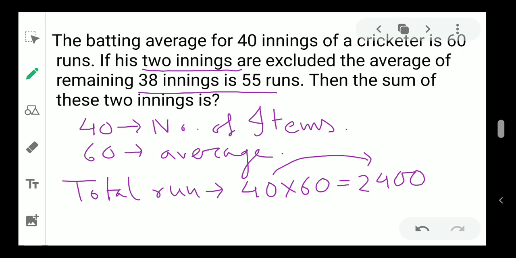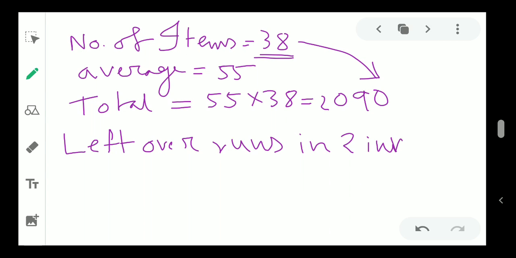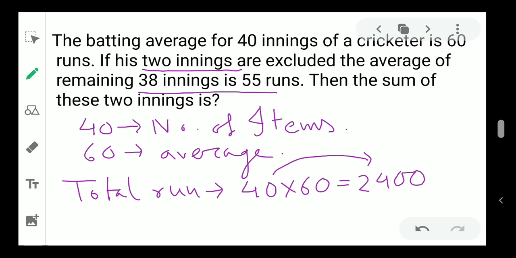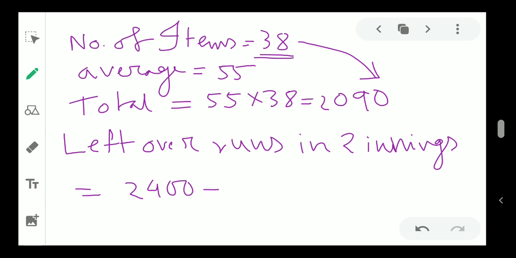So leftover runs in these 2 innings is equal to 2400, because that was the total run in 40, minus 2090, that is the run in 38. If we subtract them, then I will get the leftover runs in 2 innings. That means in those 2 innings how much he has scored.